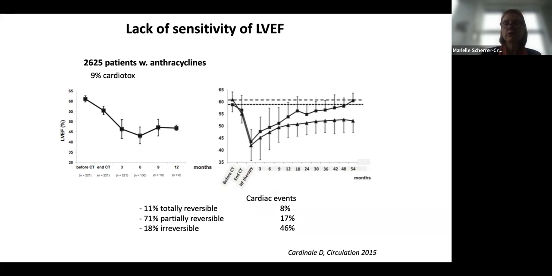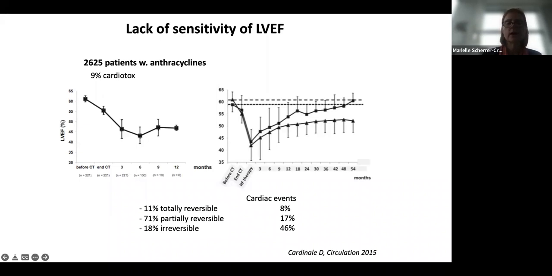I want to really preface that by saying that LVEF is still a very strong marker, and you shouldn't get discouraged of looking at LVEF. But this is a study by Daniela Cardinale, who has done a lot of studies on the role of troponin in particular in patients with anthracycline. She followed more than 2,000 patients here with LVEFs every 3 months. And this is what she showed in terms of the evolution of the LVEF. She showed 9% of cardiotoxicity in her population, who were breast cancer patients.